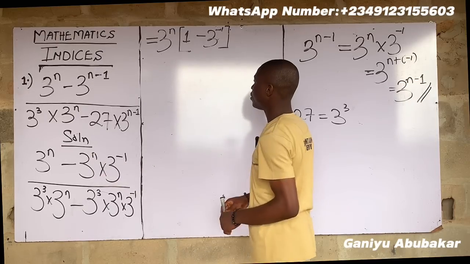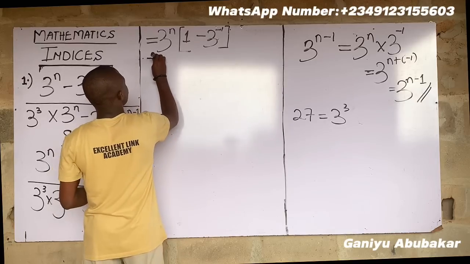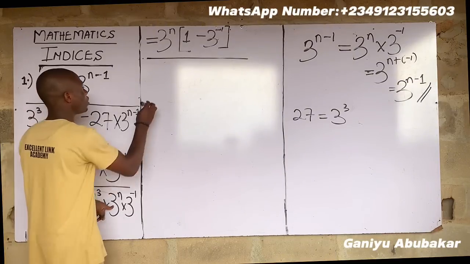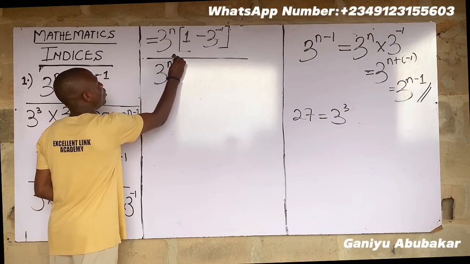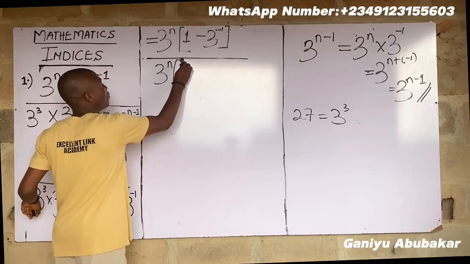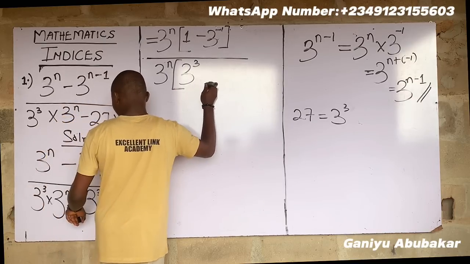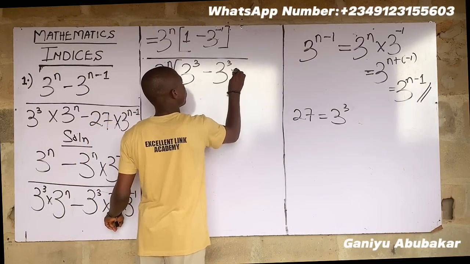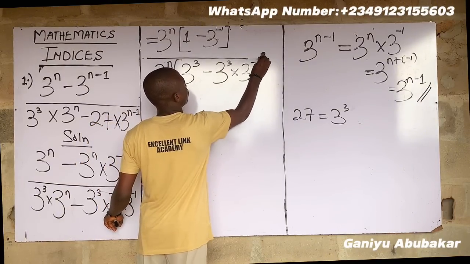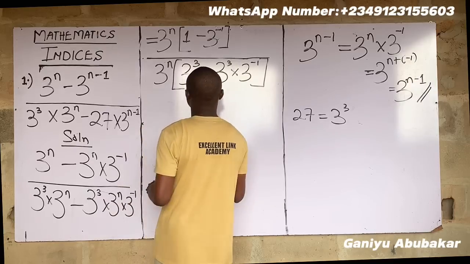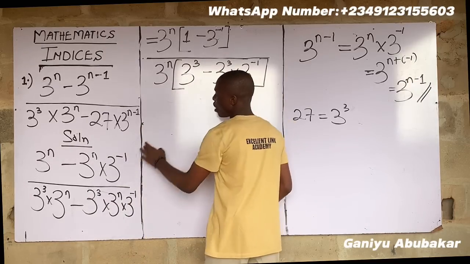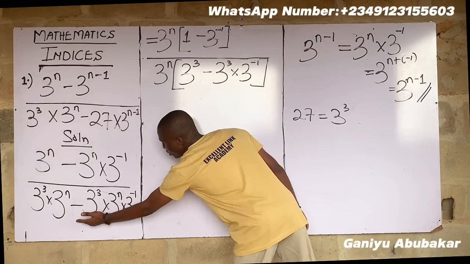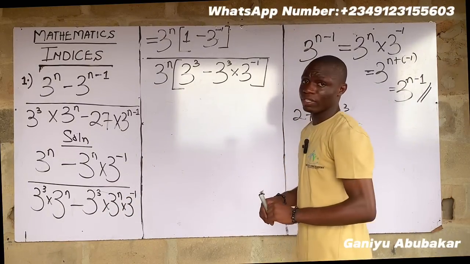All over, 3^n is common here, bring it out, that becomes 3^n into 3 to the power 3 minus 3 to the power 3 times 3 to the power minus 1. So this is what I'm left with, please. If I combine this one with this 3, I'll have this 3 expression here.